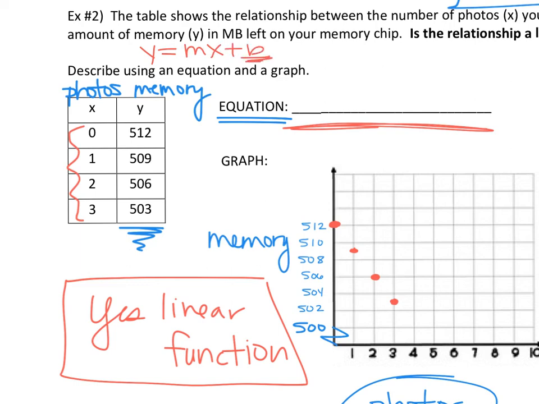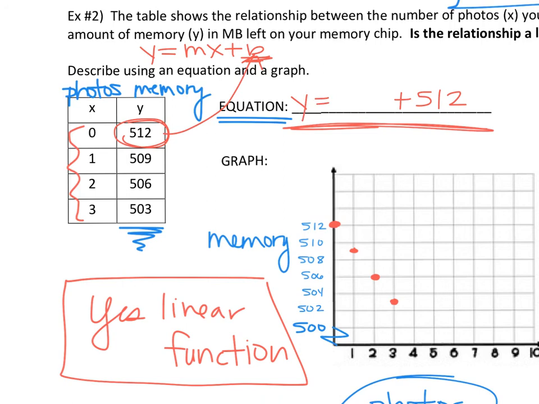What number is that going to be right now? The 512, okay? So this number will always go here. So something plus 512. And we know it's always y equals, so we just need to figure out what goes in that gap.